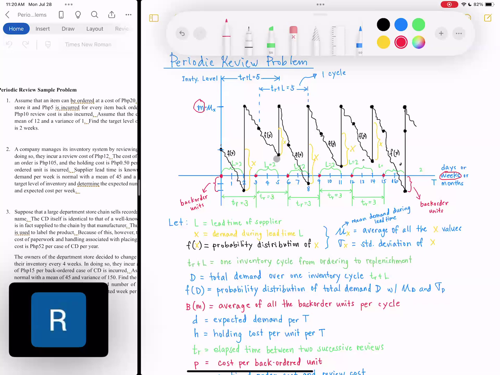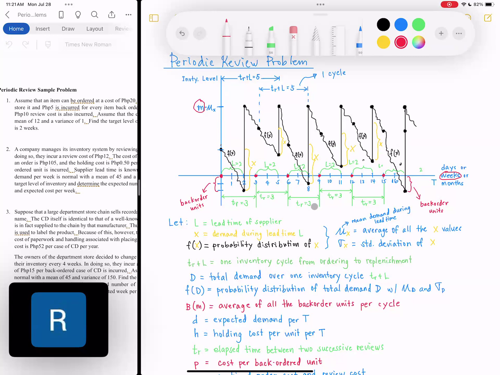Therefore, you stayed positive in terms of inventory level. No back order needed. Here again, when you reviewed on the 6th period, your available inventory did not satisfy the demand during lead time completely, so you have back order again, represented by this quantity here. So it's possible that you won't have back order, but it's also possible that you will, like in these 3 cases, here, here, and here. And these are the cases where there's no back order.